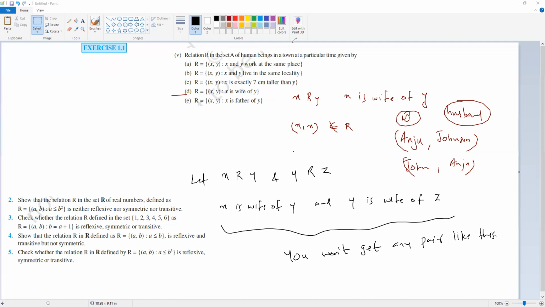By default it is transitive. Because x is wife of y matlab this is male, isn't it? Then y is wife of z matlab ये female होना चाहिए. Correct?